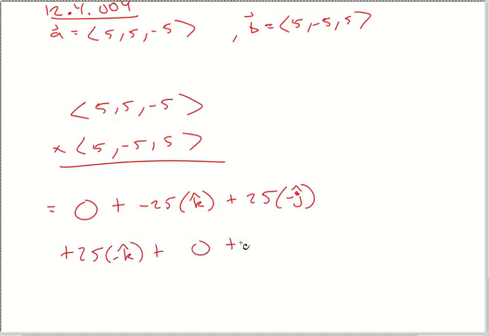Always a 0. 5 times 5 right here, it's going to be a 25, and that's a positive i component. -25 way down here, but that is a positive j component. And then we have two negatives, which make a positive 25. That's a negative i component, though, and then a 0.